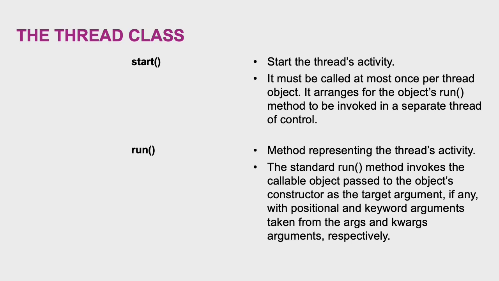And the run method actually represents the thread activity. The standard run method invokes the callable object passed into the object constructor, if any, and passes to the target all the arguments that we passed in from args and kwargs.